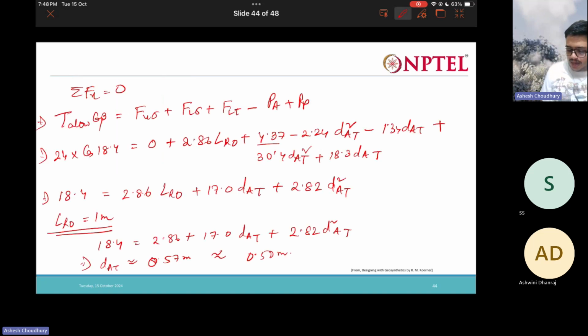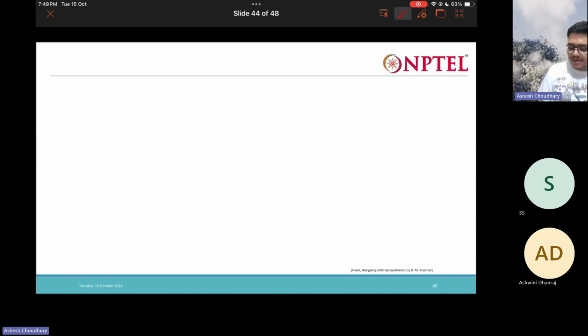Either you put d_AT and find LR naught, or you put LR naught and select d_AT. Ultimately it is a design problem. It depends upon you. Either you first choose d_AT and then find LR naught, or first decide LR naught and then find d_AT.